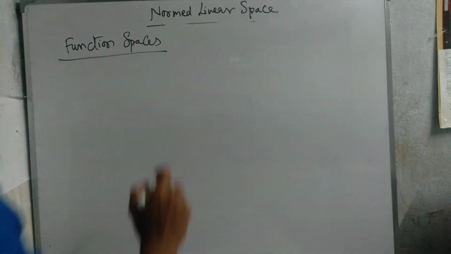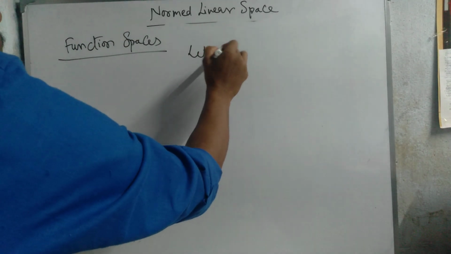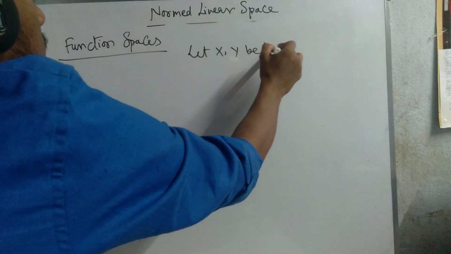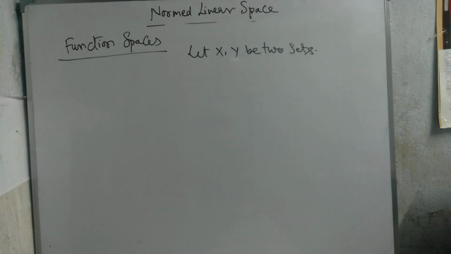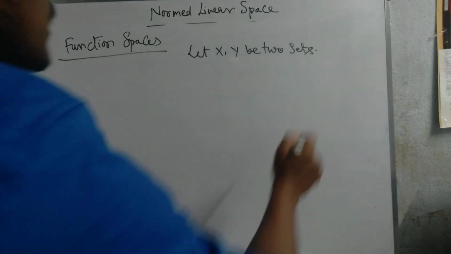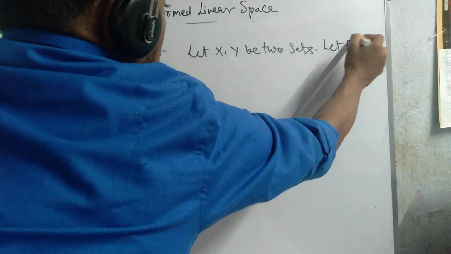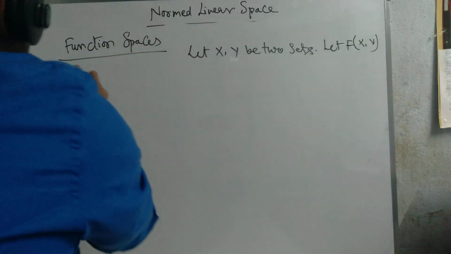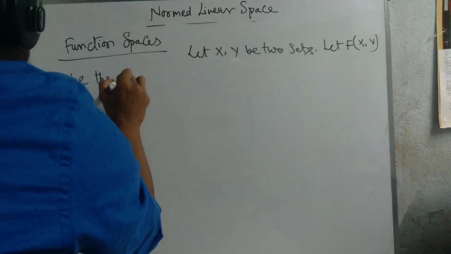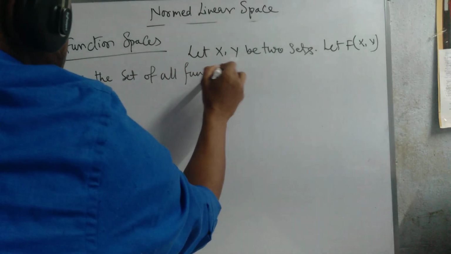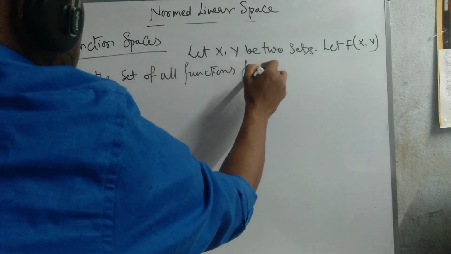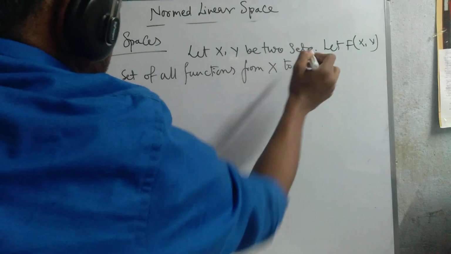Let X, Y be two sets. Then let F(X,Y) be the set of all functions from X to Y.